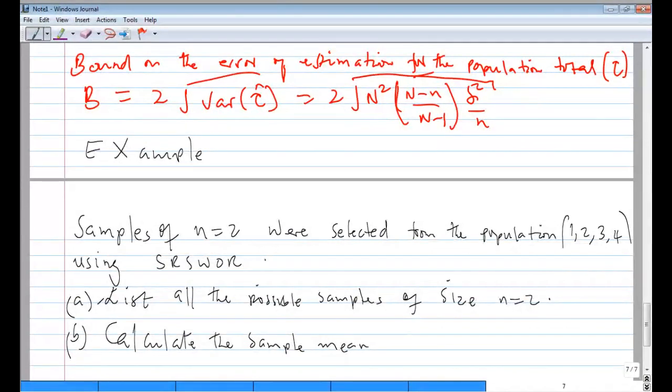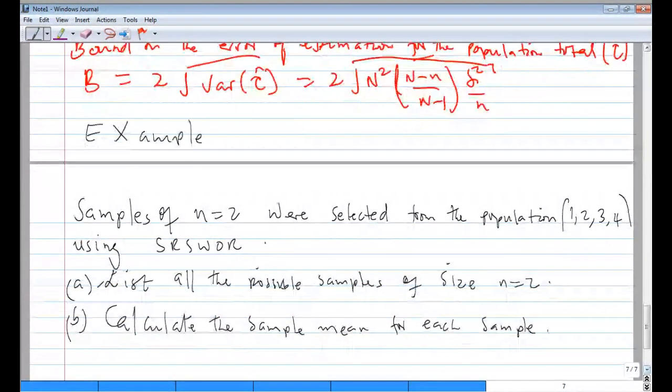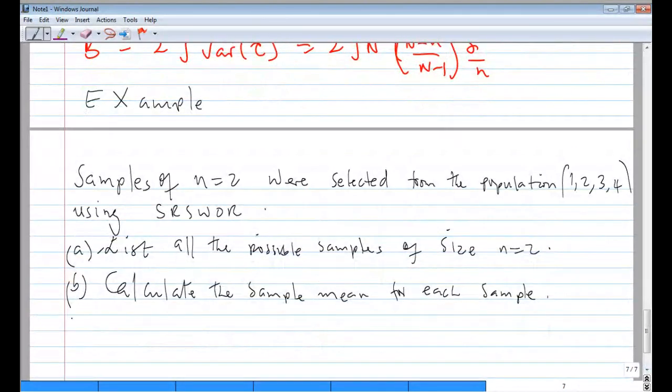Calculate the sample mean for each sample that you have listed in part A.